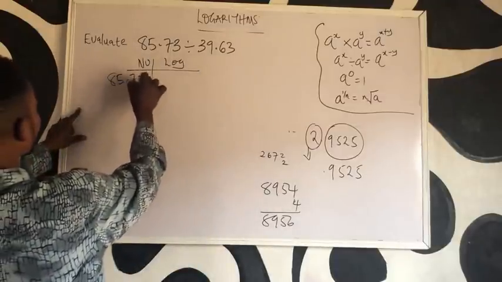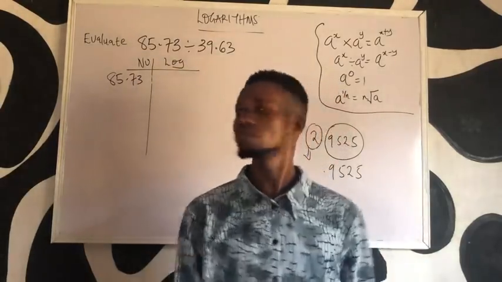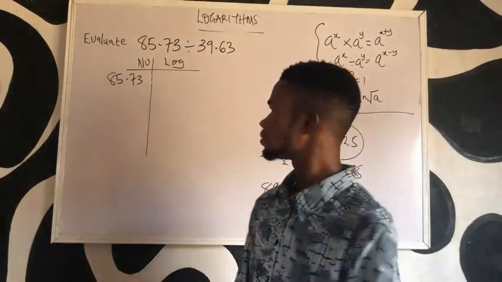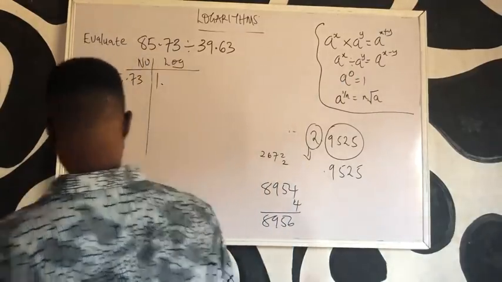85.73. Let's check. How many numbers before the decimal point? There are 2 numbers before the decimal point. Okay? 2 minus 1, 1 point.